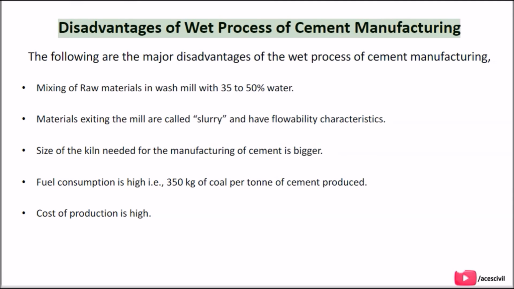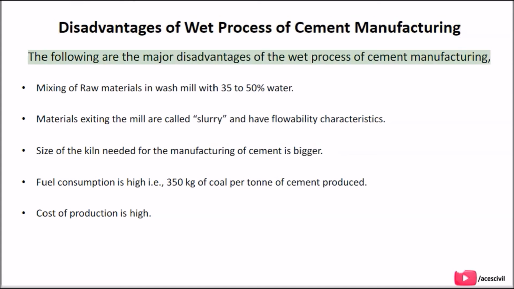Disadvantages of wet process of cement manufacturing. The following are the major disadvantages of the wet process of cement manufacturing. Mixing of raw materials in a wash mill with 35 to 50% water.